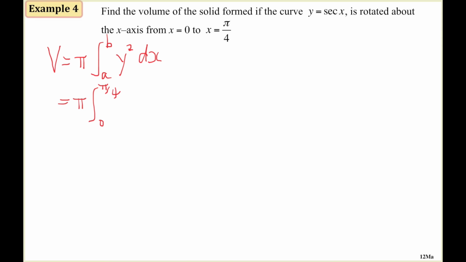Y squared, well, I can see what y is. Y squared will equal sec x squared, which is sec squared x. Sec squared x dx.